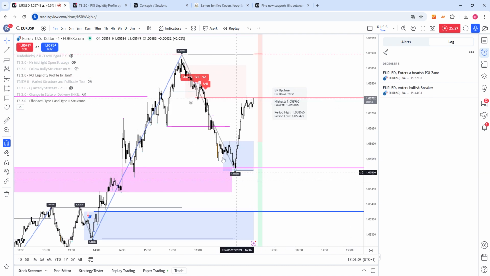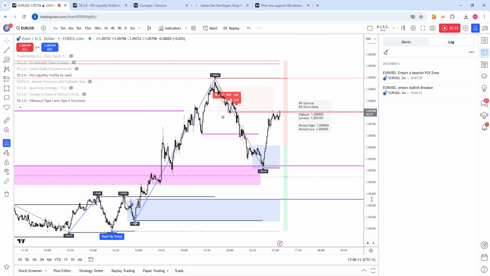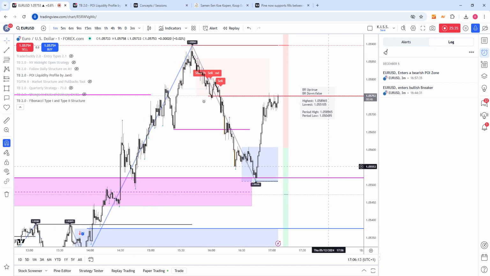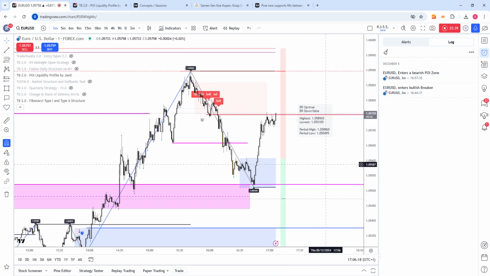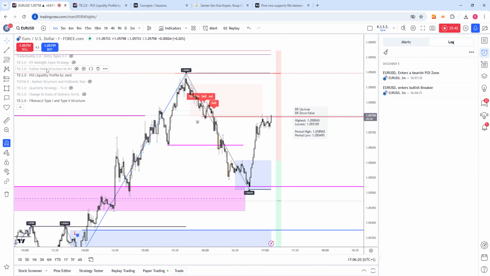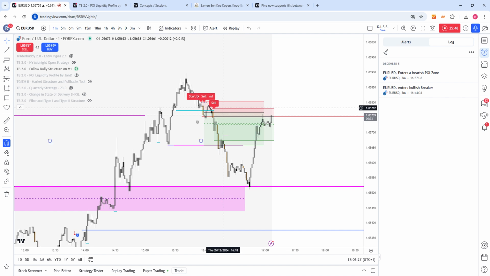Now we didn't have an entry here, to be honest, but maybe with our new indicator, let's check. Follow daily structure. Okay.